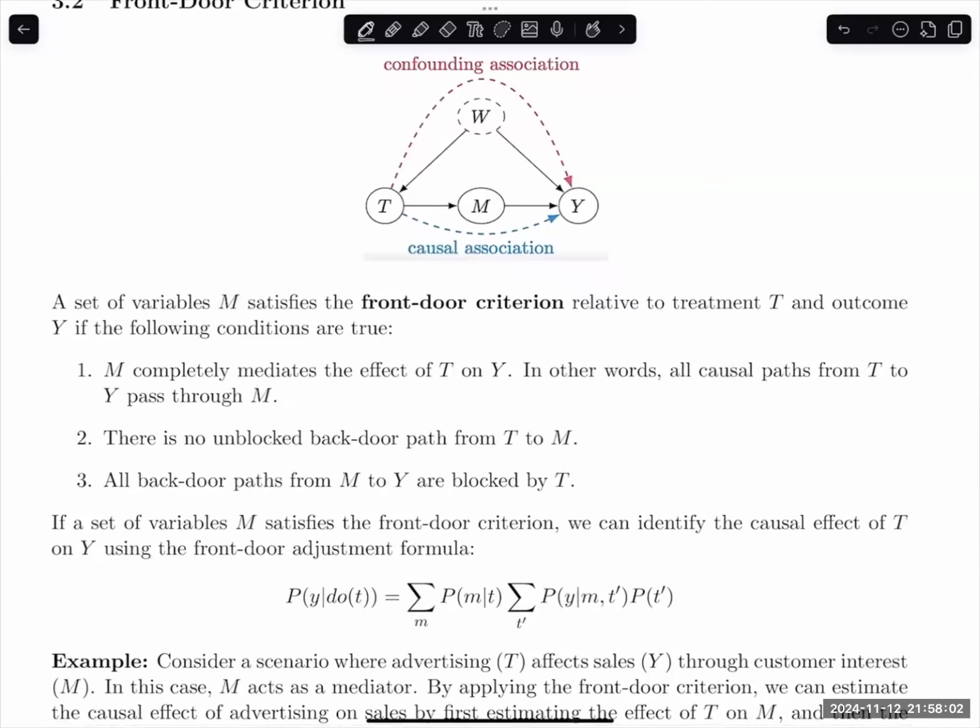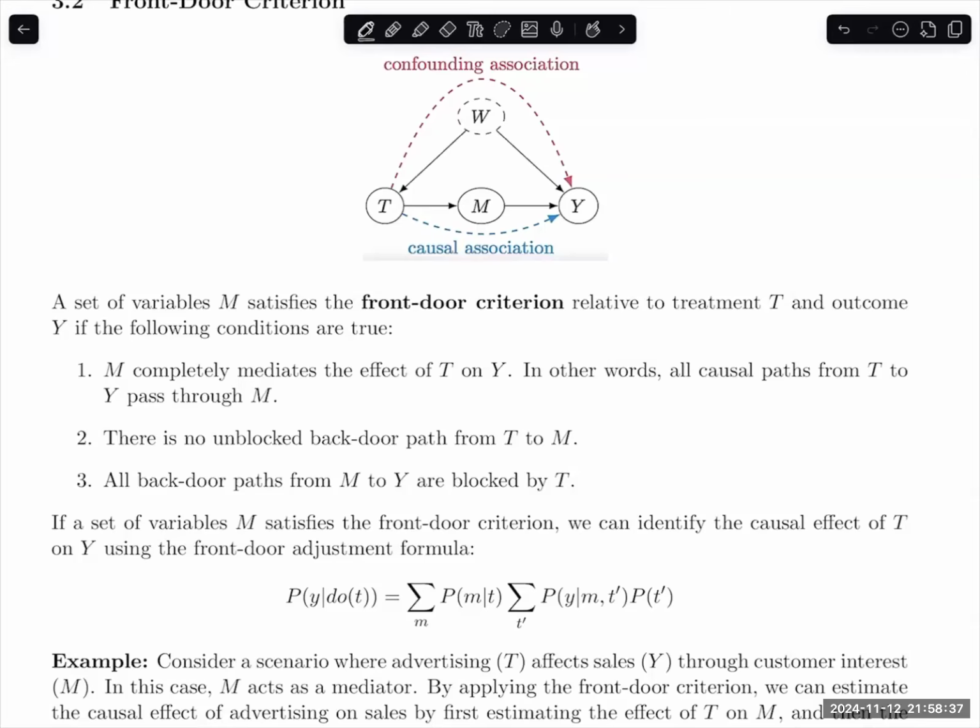A set of variables M satisfies the frontdoor criteria relative to the treatment T and the outcome Y if the following conditions are true. We have three conditions right here. The first one is that M completely mediates the effect of T on Y. In other words, all the causal paths from T to Y go through M. The second one is that there is no unblocked backdoor path from T to M, and all the backdoor paths from M to Y are blocked by T.